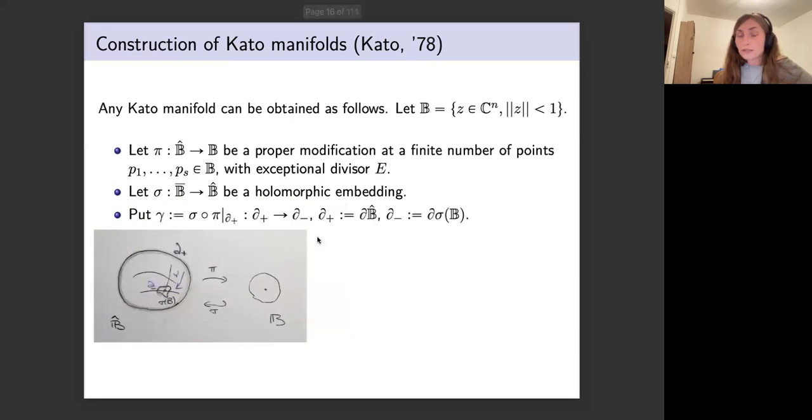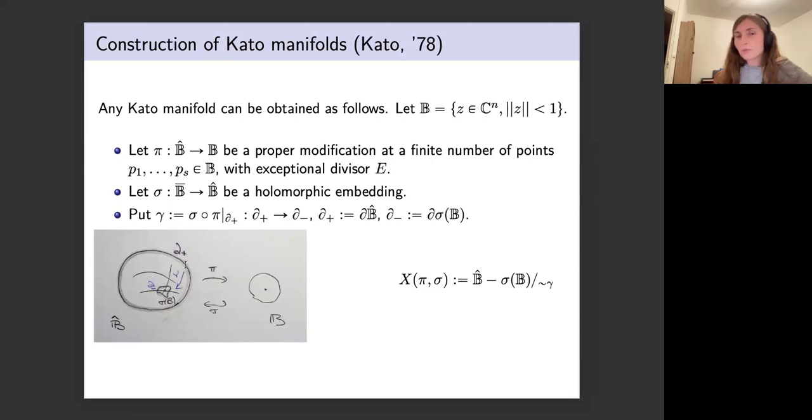What you do next is you take out this smaller ball, σ of B. You have a map which goes from the boundary of the modified ball to the boundary of σ of B, which is even a local biholomorphism near both boundaries. And you use this map to glue these boundaries together so that you get a compact complex manifold, which in particular contains a spherical shell, where the spherical shell will be precisely given by a neighborhood of this boundary, which is now identified together.